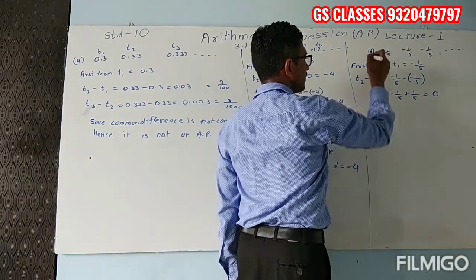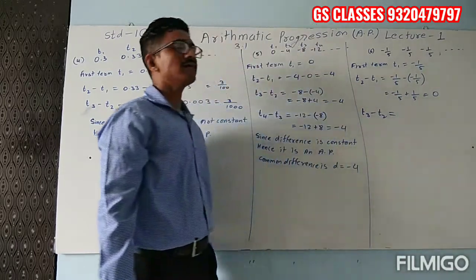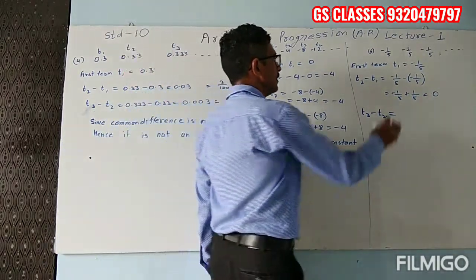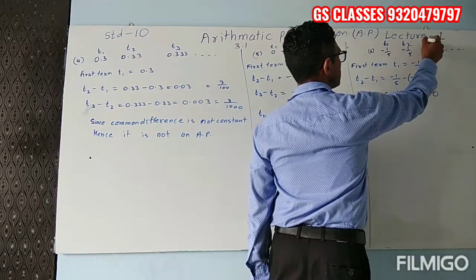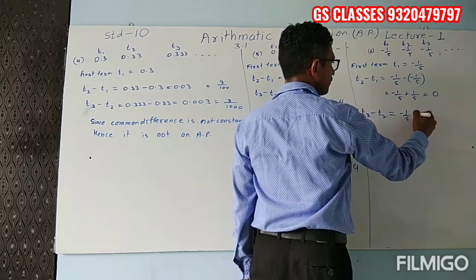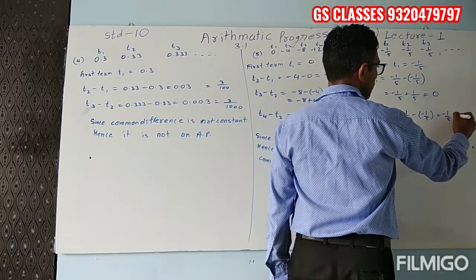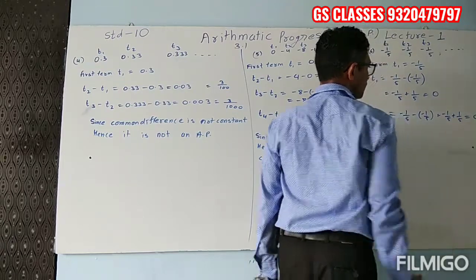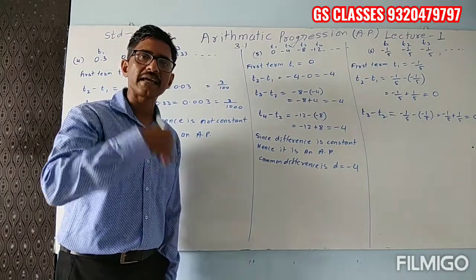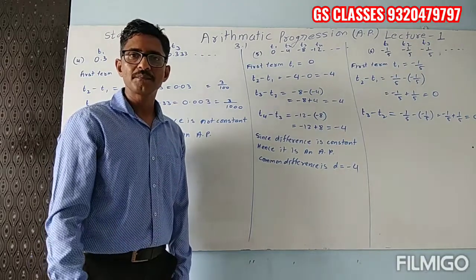Again, I am taking T3 minus T2. This is T1, T2, T3. Minus 1 upon 5 minus of minus 1 upon 5 gives minus 1 upon 5 plus 1 upon 5, which is 0. And now we find that the same number is coming again and again. So the same difference will come.